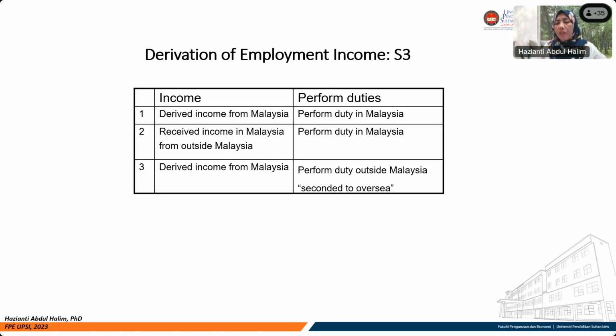It doesn't matter which part of the world. Sorry, you perform duty outside Malaysia, but the income is actually from a Malaysian employer. So you only go to work at another place, but the income is coming from a Malaysian employer, right? So that is also considered as derivation of employment income under section 3.